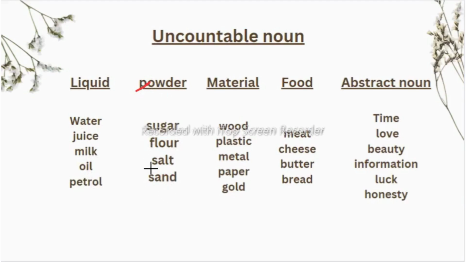These all are uncountable nouns. And in materials you can see here wood, plastic, metal, paper, gold and cotton as well. These all are uncountable nouns. And food also, and some abstract nouns also. All abstract nouns come under uncountable nouns, like time, which is an abstract noun and an uncountable noun, love, beauty, information, honesty, and luck.